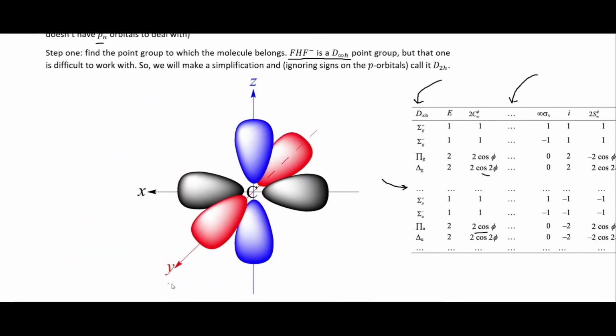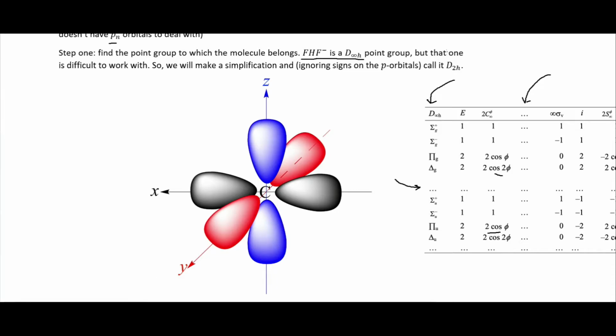But if we at first ignore the signs on the p orbitals, so whether it's positive or negative, we can call it D2h. We can see here if we wanted to rotate this, this red lobe here ends up at the next red lobe, it would have to be a 180 degree or C2 rotation. And we can see how we would have the different reflections and so on.